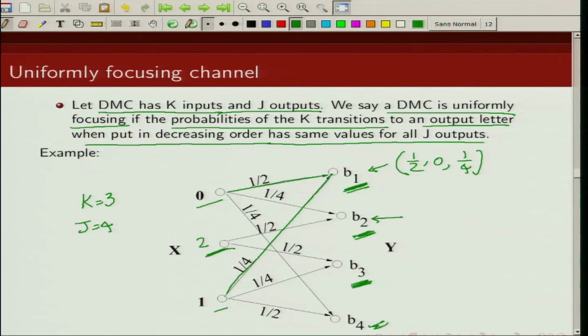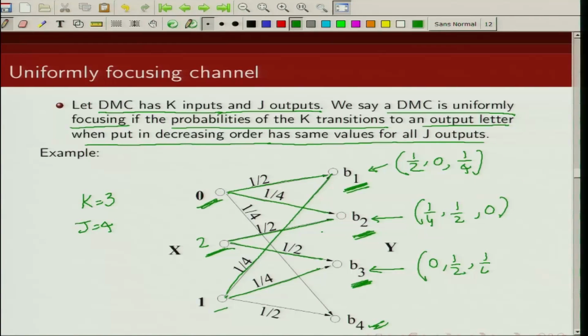Look at this particular output. The transition from input 0 has probability 1 by 4, the transition from here has probability half, and from here it is 0. There is no transition. Similarly B3, there is no transition from input 0. From this input the transition probability is half and from this input it is 1 by 4.